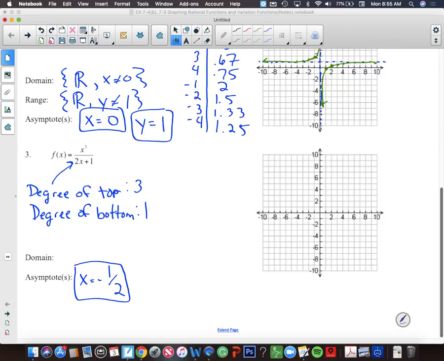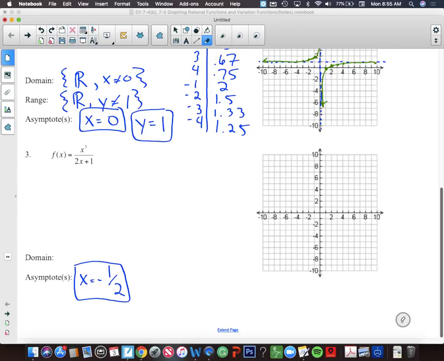So what rule do we go by? The degree of the top is bigger than the degree of the bottom. That tells me there is no y asymptote, or no horizontal asymptote. Okay? So we only have one asymptote here. So let's just have that one down there.